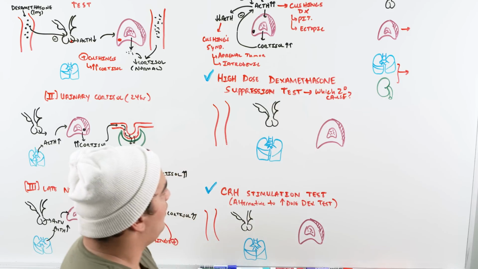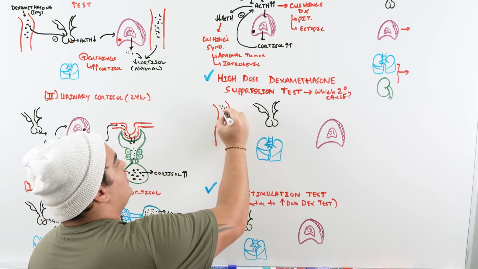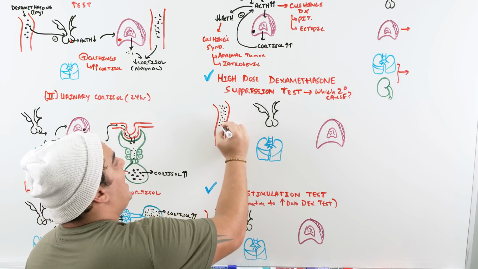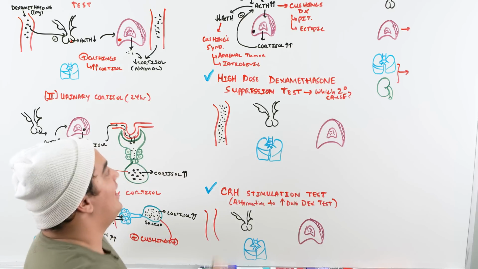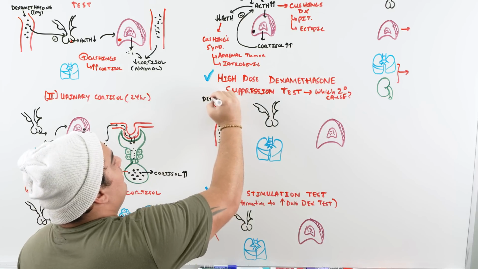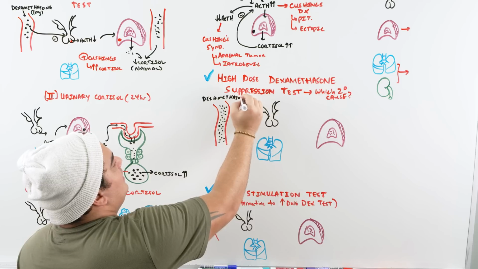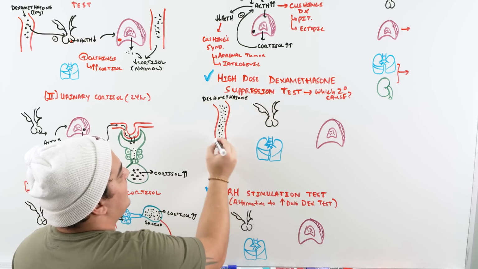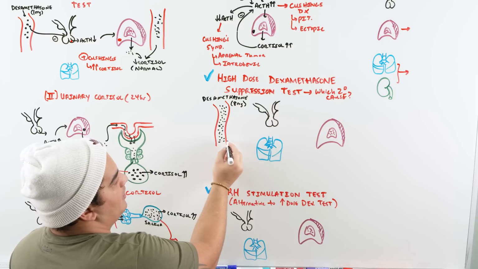So what I can do is amp up my dexamethasone dosage to a dose that actually has the capability to suppress ACTH production. And a dose that has been found to have the capability to suppress ACTH production from the pituitary is 8 milligrams. So 8 milligram push of this dexamethasone.